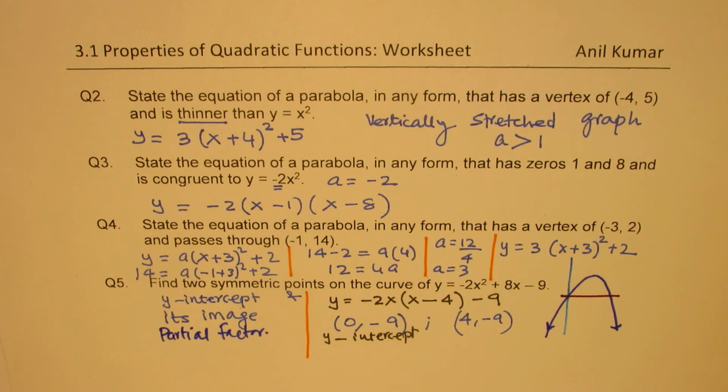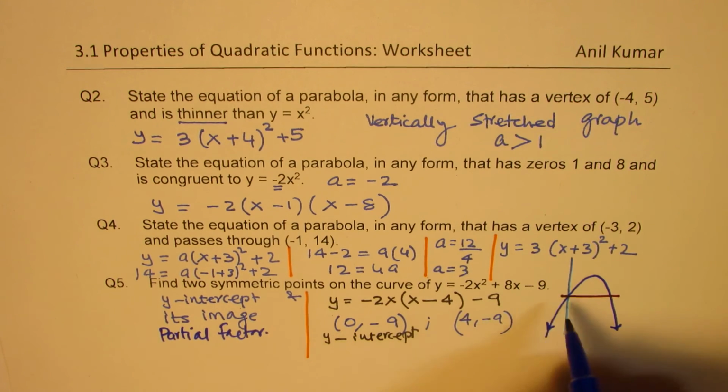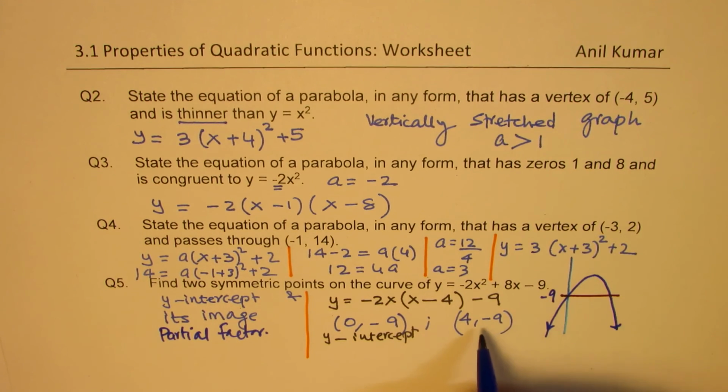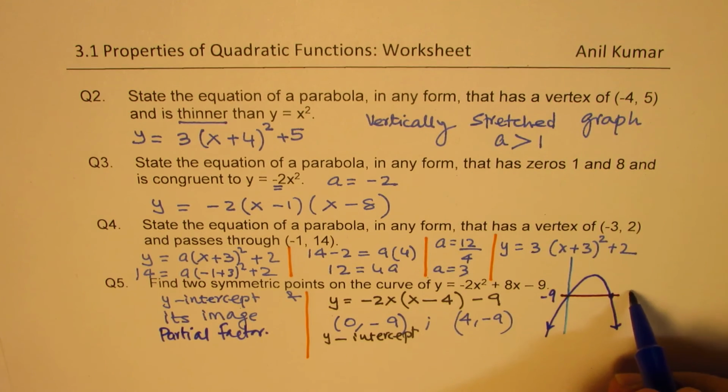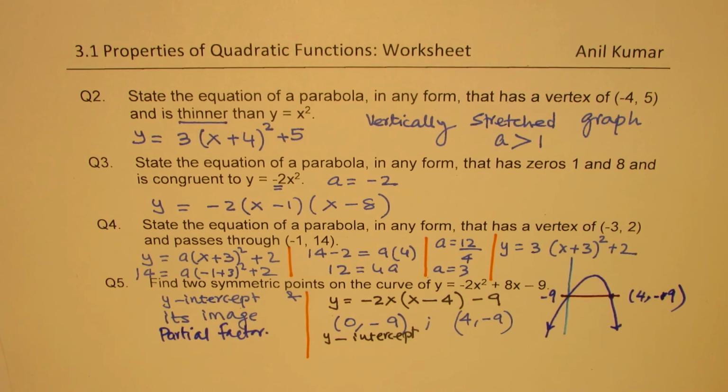So this point here will be (0, minus 9), right? And this is at 0. And this point here will be (4, minus 9). Do you see that? So at 4, that will be minus 9. So that is how you are going to get your parabola, correct?